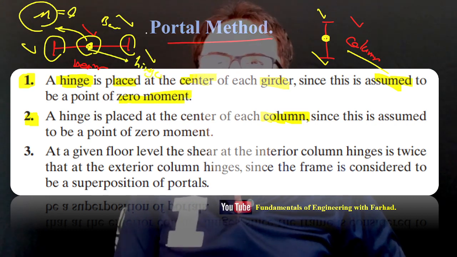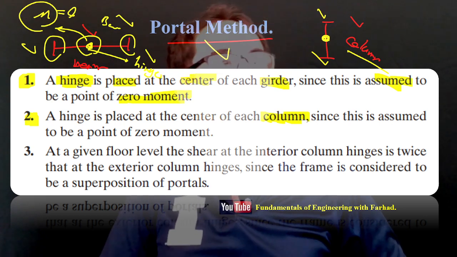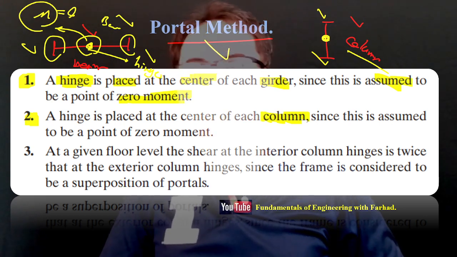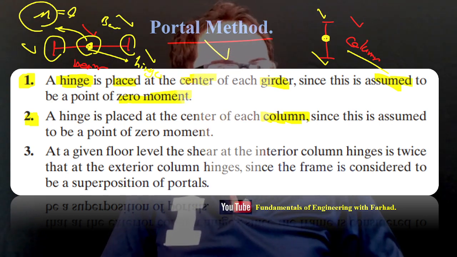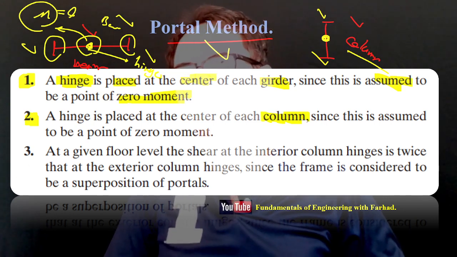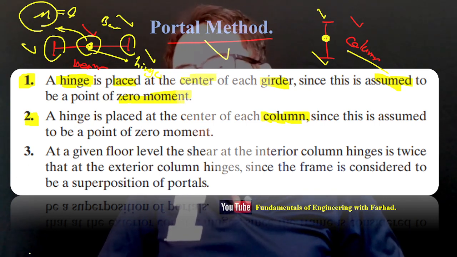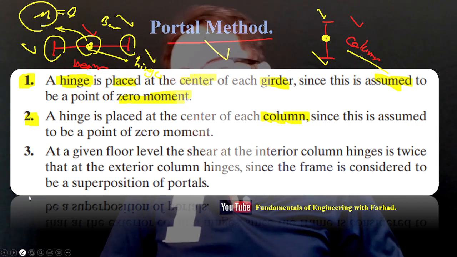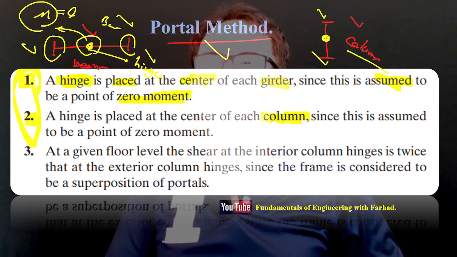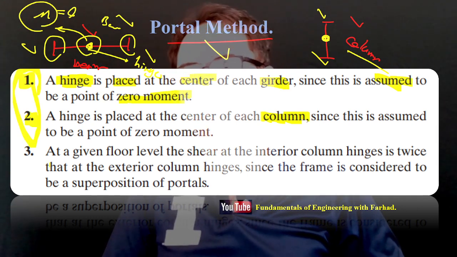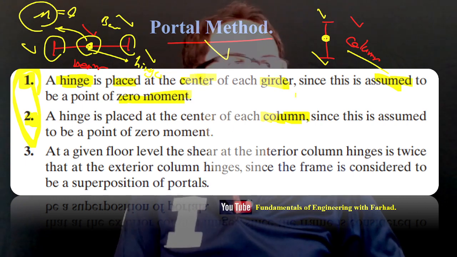That's the first rule of portal method that simplifies our problem to a far extent. In fact, we can say 1 and 2 are the same rule, but just apply to a horizontal and vertical member.